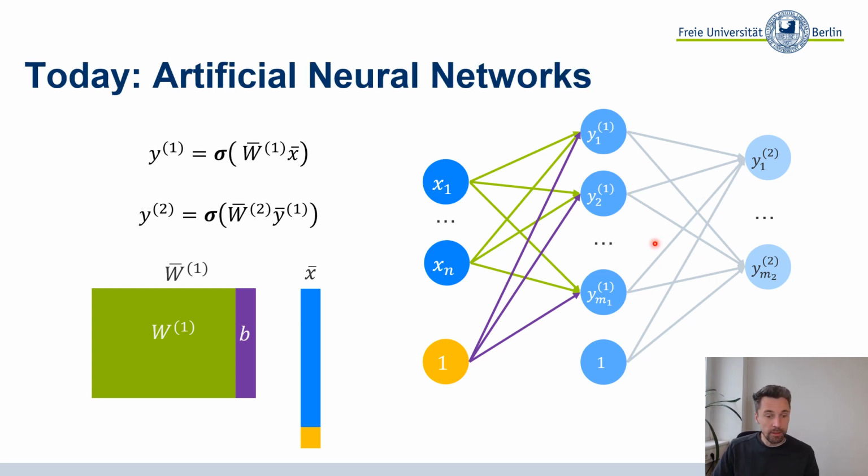And now in neural networks, we have no perceptrons anymore, because perceptrons had the step function. So if the weighted sum of all the inputs was greater than a certain threshold, then the output would be 1, and otherwise 0.